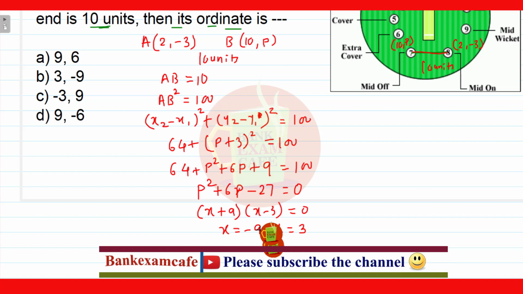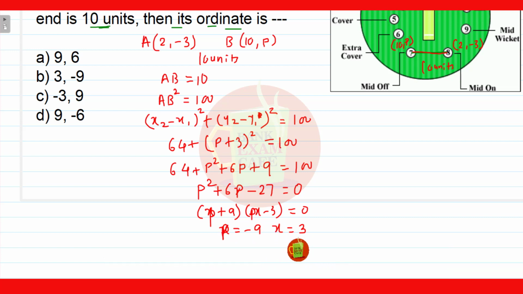Sorry, this should be p. So p is equal to minus 9 and p is equal to 3. So we are getting two values of p, that is minus 9 and 3. So the correct option will be the B option, minus 9 and 3. So tick the second option, that is B option.